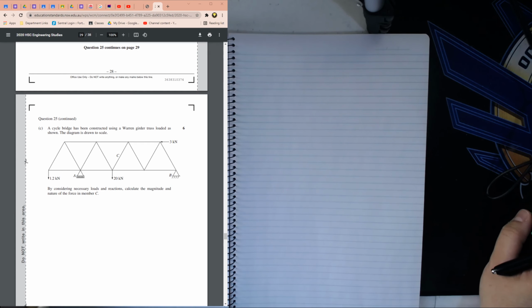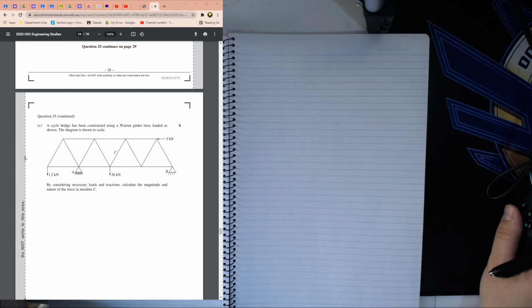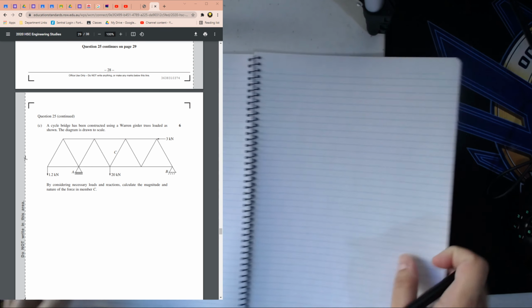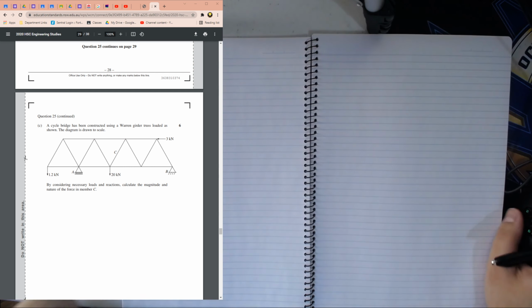But if we look at this HSC question over here, this is from the 2020 HSC exam, question 25. We see over here a simplified version of a truss. Or this over here is a simplified version of a bridge, and it's also like a 2D version.